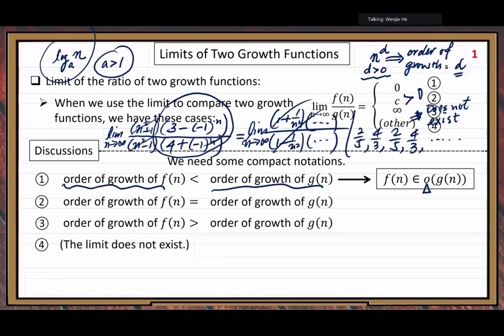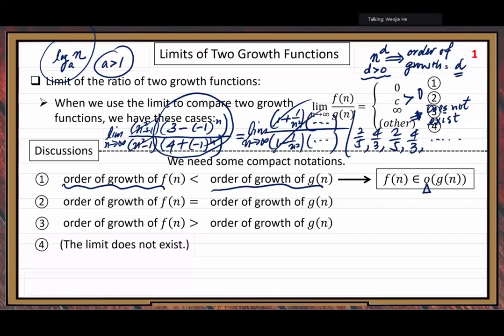The meaning is simple. If you see this notation, the meaning is the limit of f function over g function when n goes to infinity equals 0. But we don't want to write a lot of words. We want to use a simple way to represent it. So for that reason, we use our first asymptotic notation.